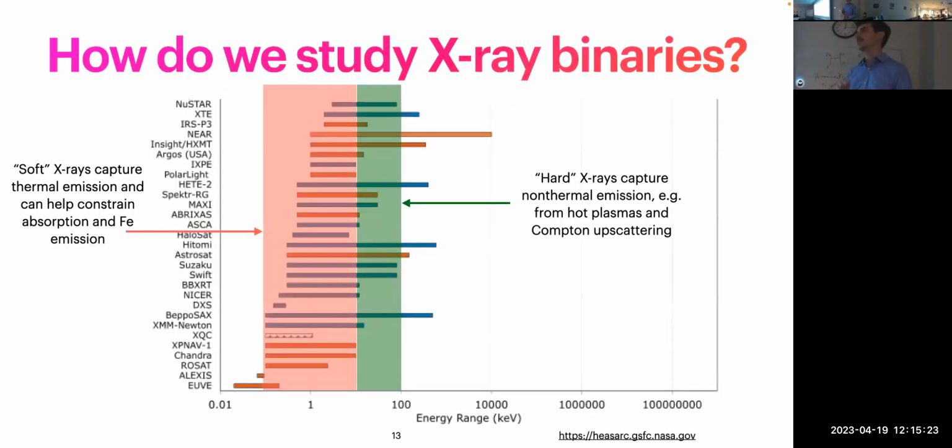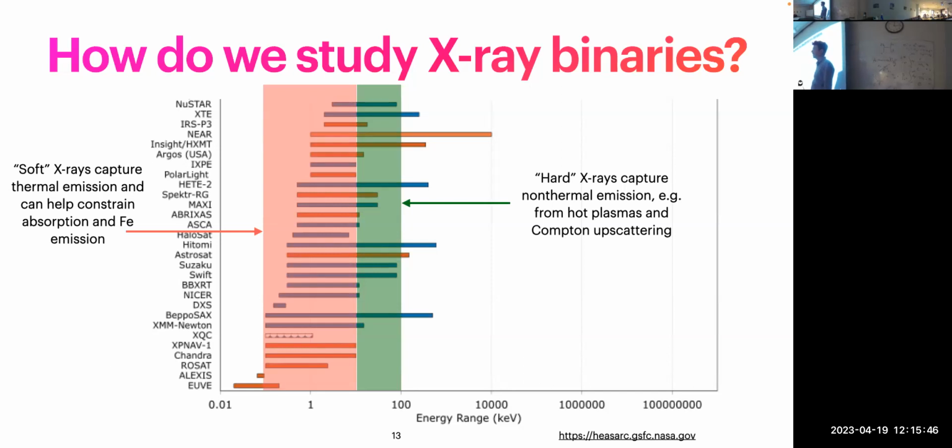We study X-ray binaries with a number of different X-ray telescopes. Most of these lie in what we call the soft X-ray band. Here there's a list of X-ray telescopes that I pulled from HEASARC and the energy range that they cover. A lot of these cover the soft energy range, which is like 0.1-ish to 10 keV.